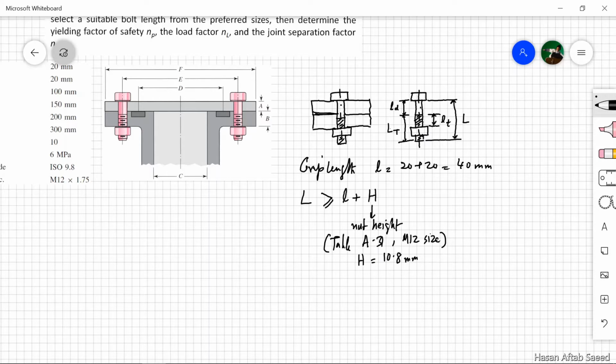So in this case, L must be greater than or equal to 40 plus 10.8, that is, greater than or equal to 50.8 millimeters. Now this is the ideal situation.